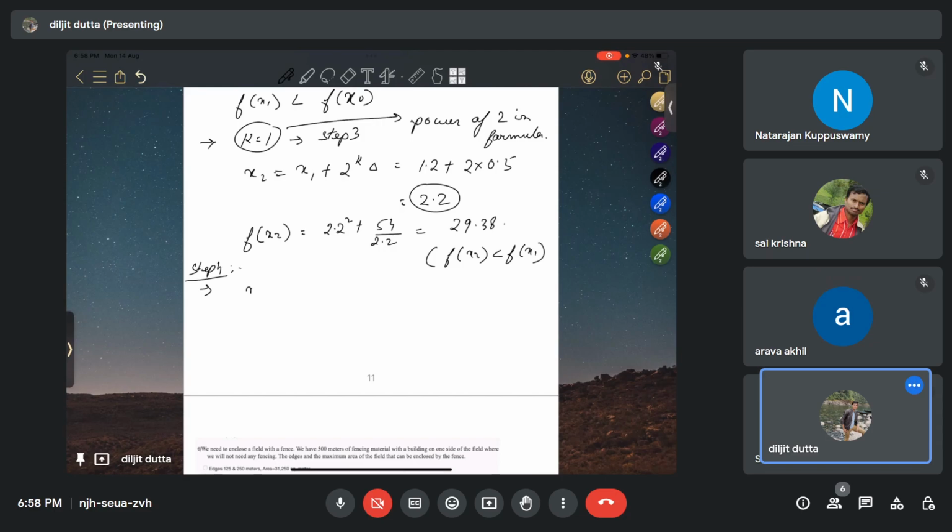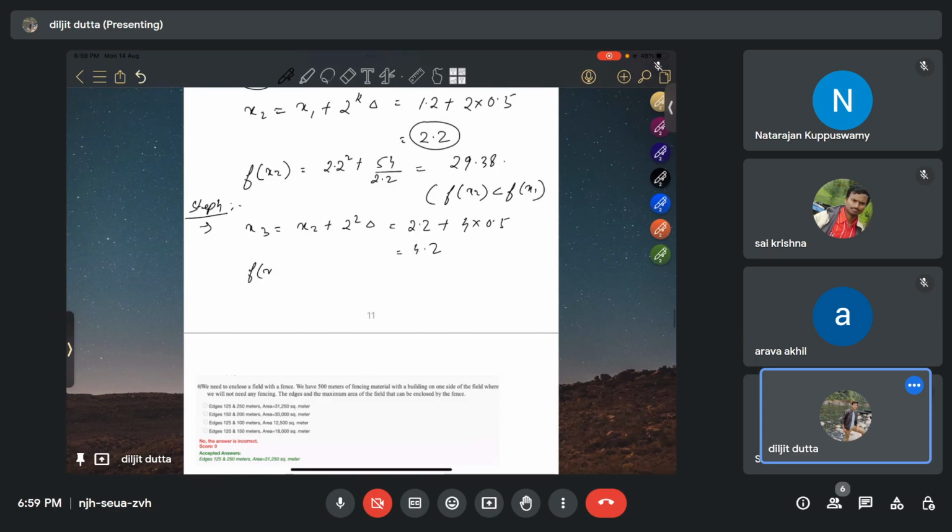So now x3 is equal to x2 plus 2 square into delta. X2 was 2.2 plus 4 into 0.5, so 4.2, right?